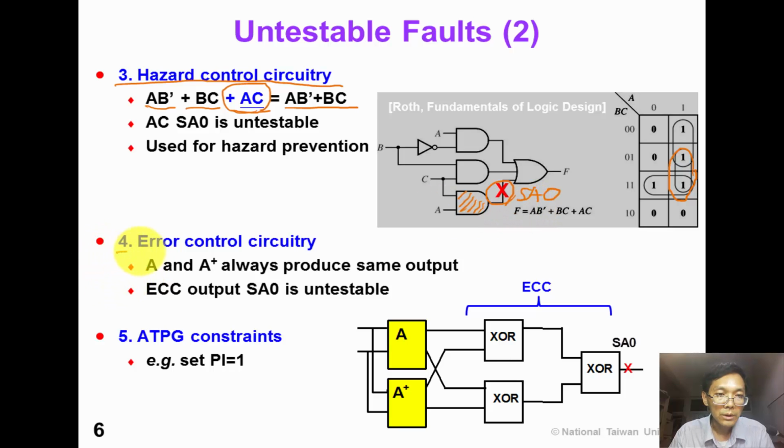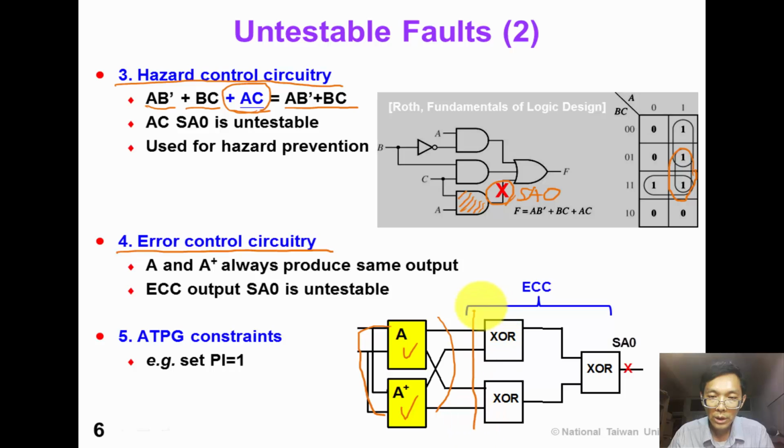Number 4 example of untestable faults is error control circuitry. Suppose we have 2 copies of identical circuit, A and A+. Their inputs are tied together, and their outputs are always the same.